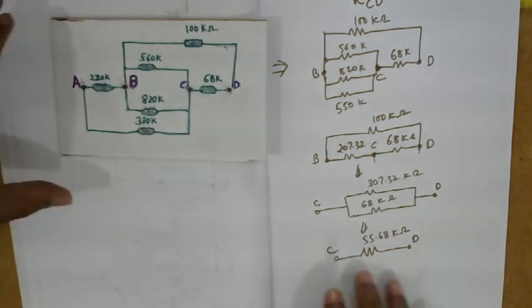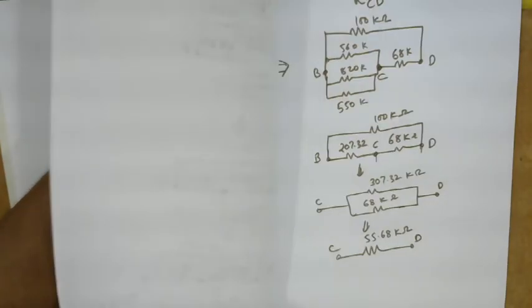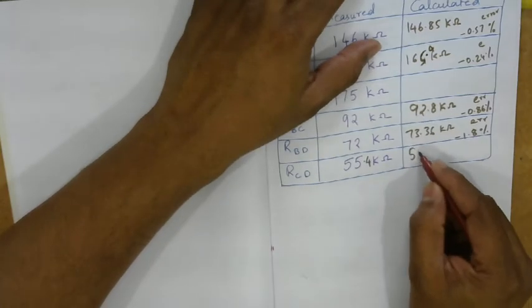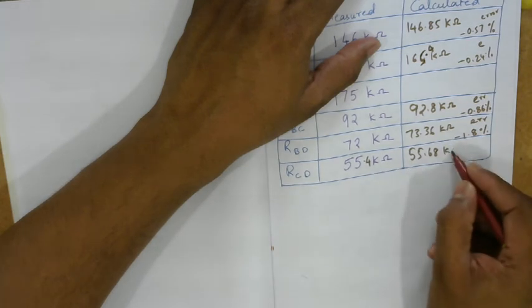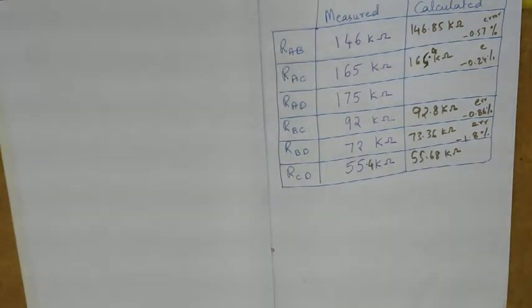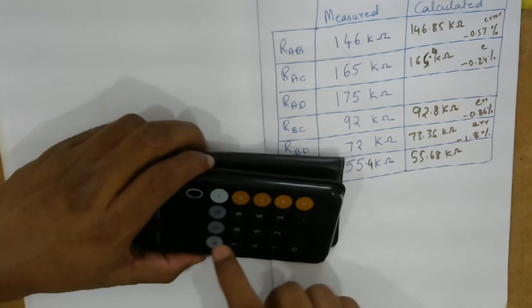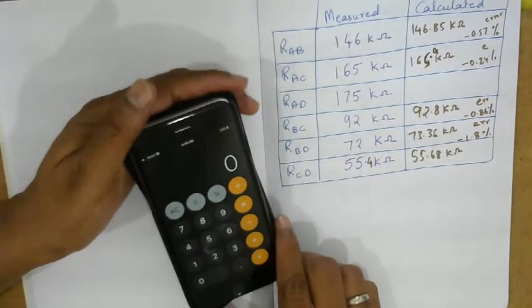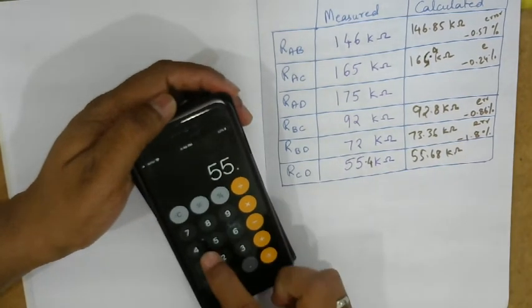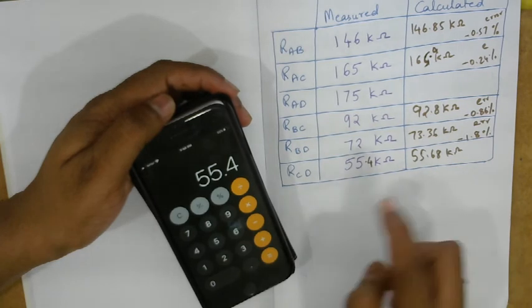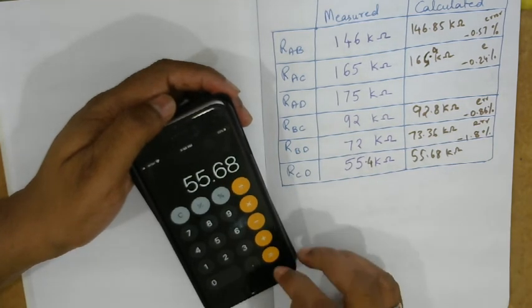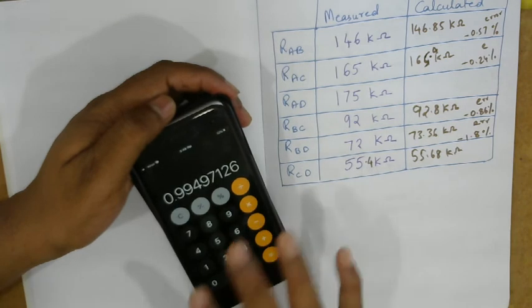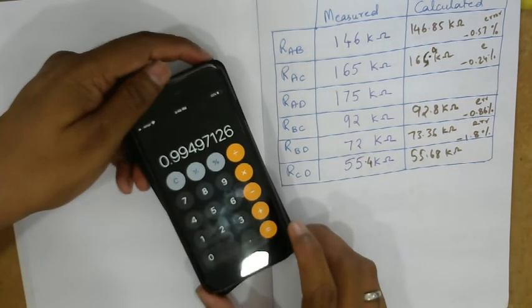So let's compare it with the measured value, which we measured some time back: 55.68 versus 55.4. So therefore it is almost matching. In terms of percentage error, the measured value 55.4 divided by the calculated value 55.68, the ratio is 0.99, that is 99.49%.